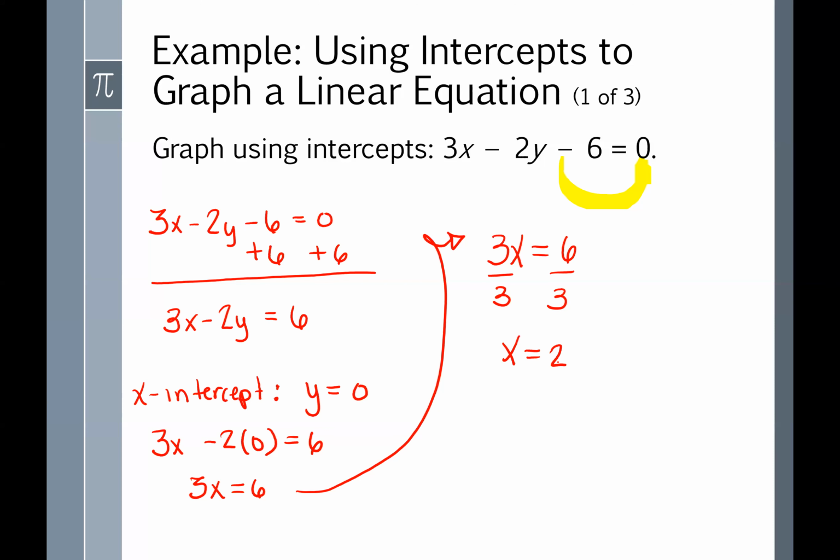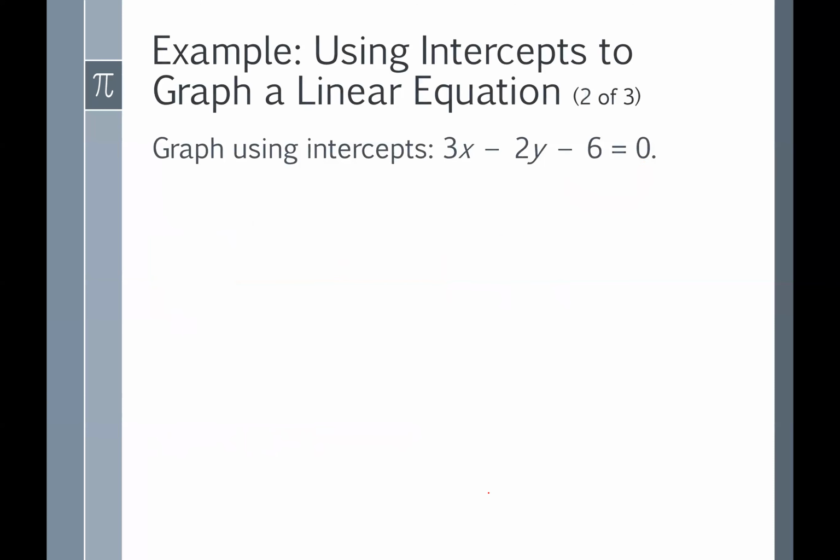Okay, now let's find the y-intercept. To find the y-intercept, you are going to set x equal to 0, because on the y-axis, the x-coordinate of every point on the y-axis is 0.